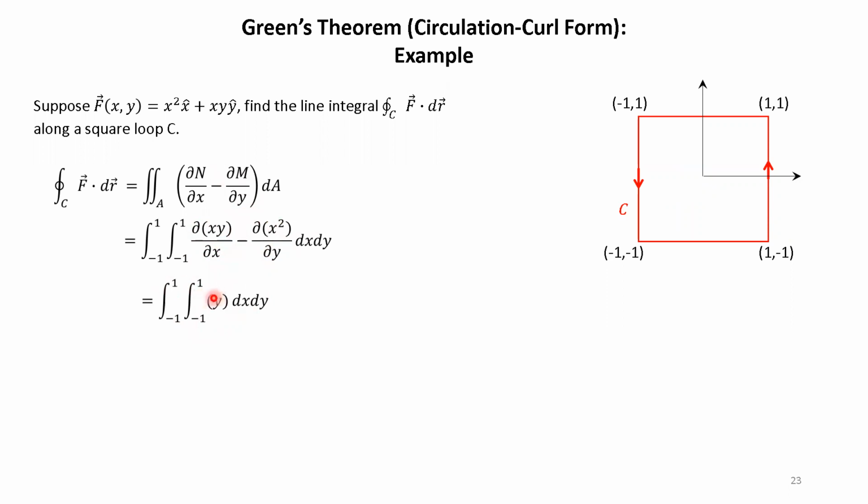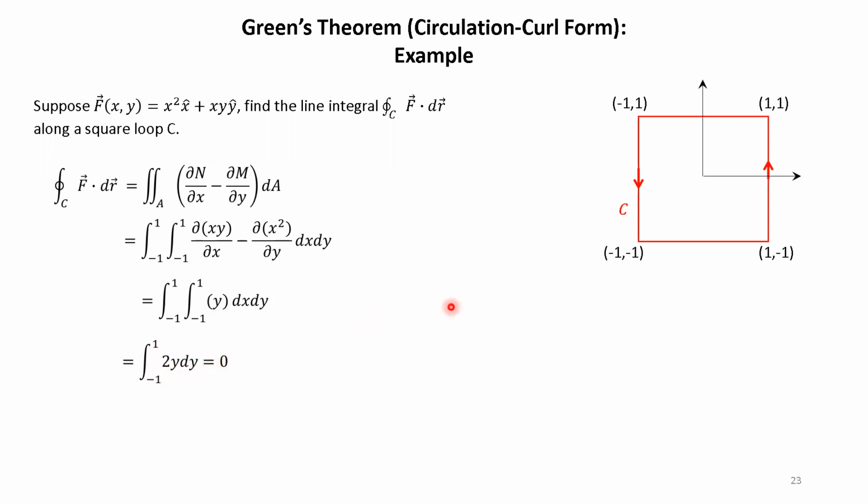Again, inner integral first, and then outer integral. For the inner integral, remember that when I'm integrating over x, I treat y as a constant, and then I have this 2y. So now I do the outer integral, from minus 1 to 1, and then I have exactly 0.